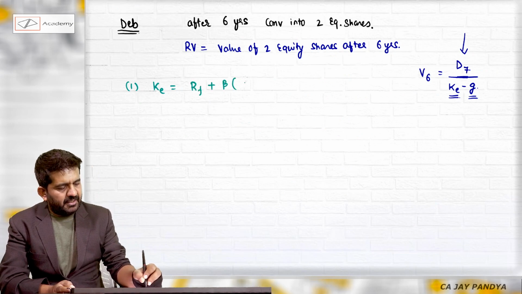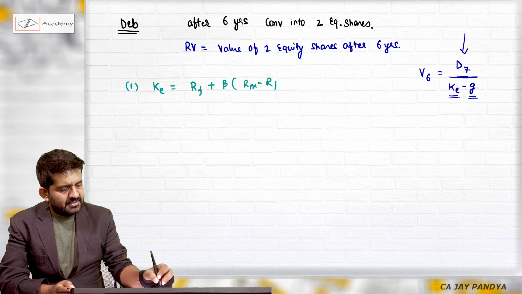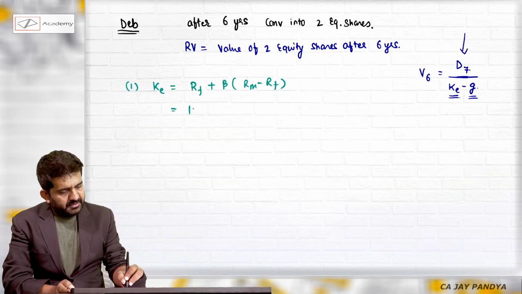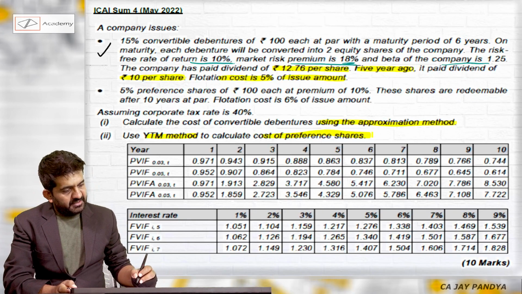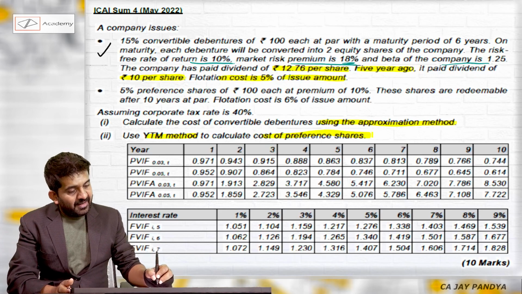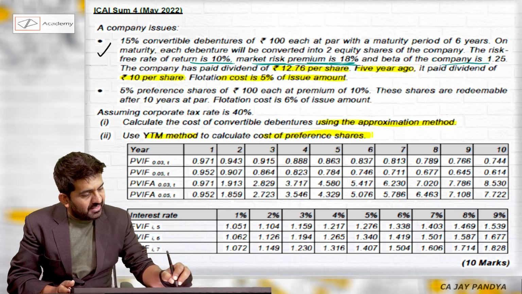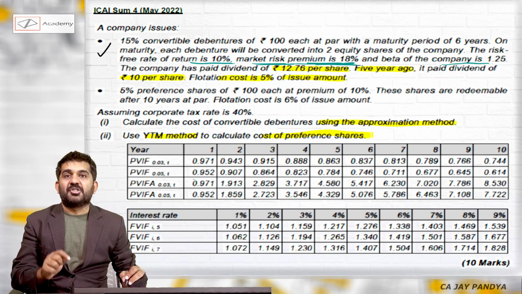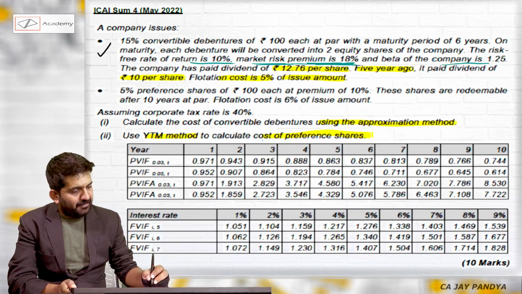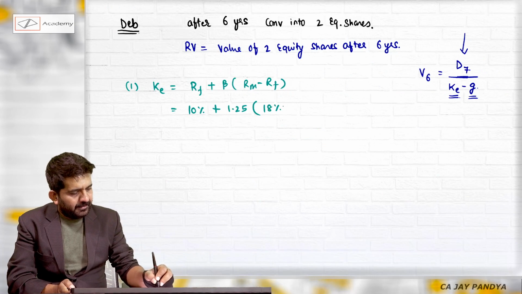RF plus beta into RM minus RF. What is risk-free rate of return? 10%. Plus beta is 1.25, into RM minus RF, market risk premium. It is not market rate of return. Market risk premium is RM minus RF, which is 18%.